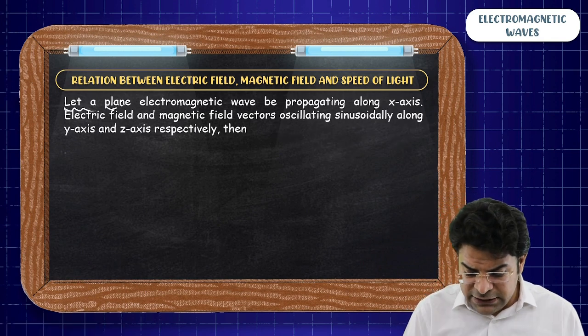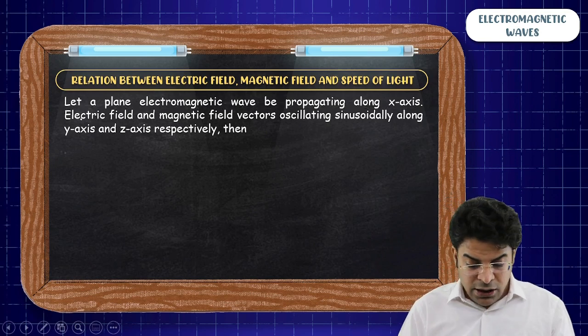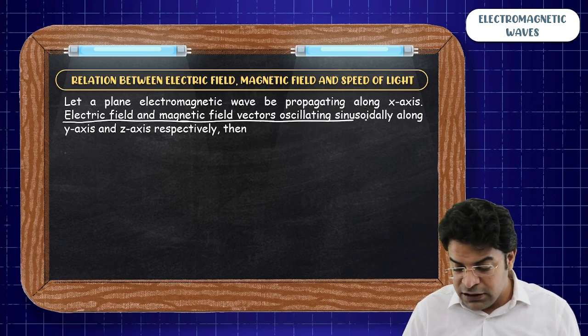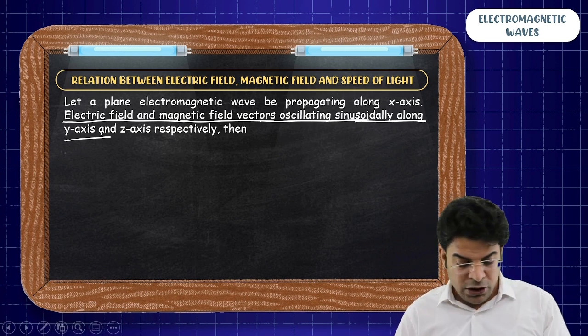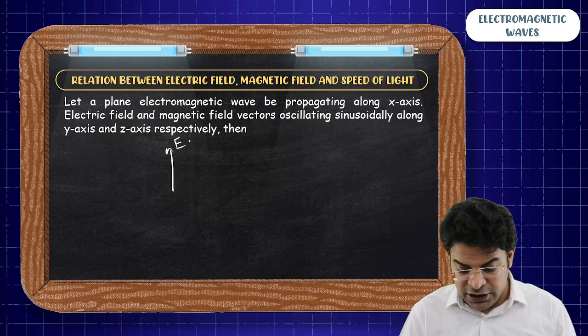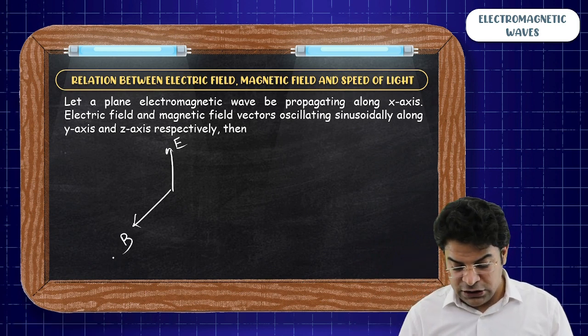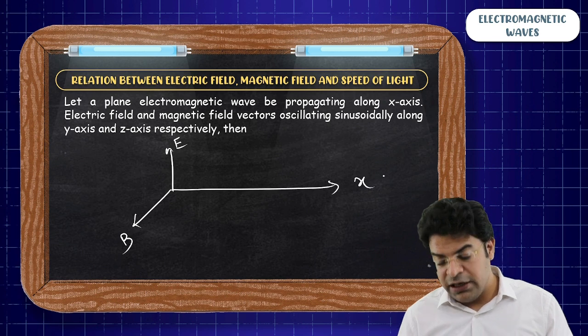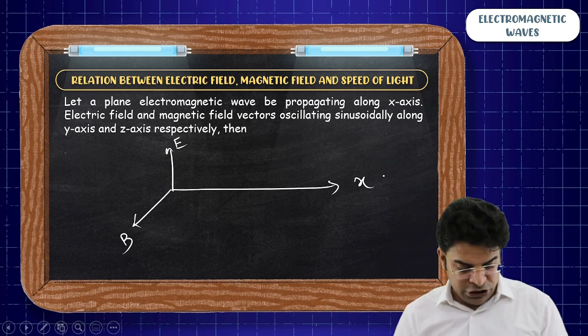So let's say a plane electromagnetic wave is propagating along the x-axis. Electric field and magnetic field vectors are oscillating along the y direction and the z direction. So the electric field vector is oscillating along y, the magnetic field vector along z, and the EM wave is propagating along x. So E cross B gives you the direction of propagation.